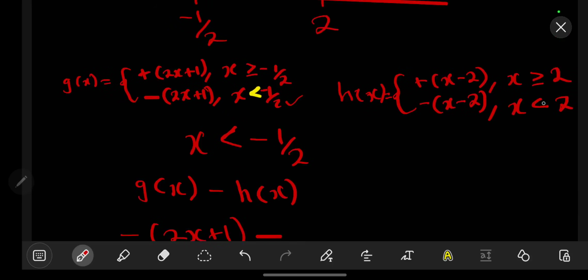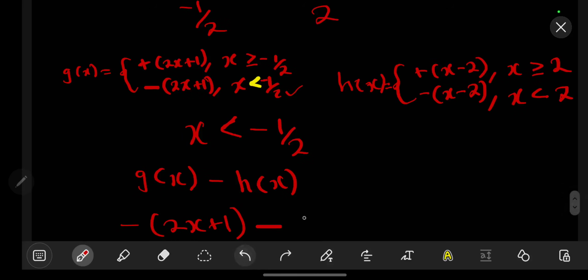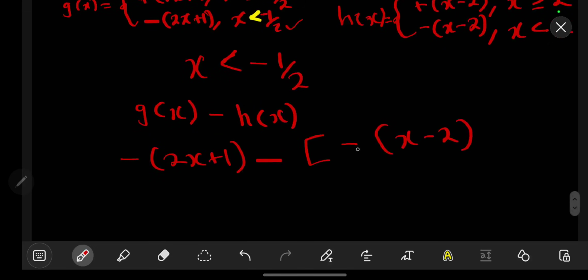Then here, if x is less than 2, it could be 1, 0, -1, the numbers are endless. So we are going to take this one, which is negative. So we have open brackets, a negative there, x minus 2, like that.